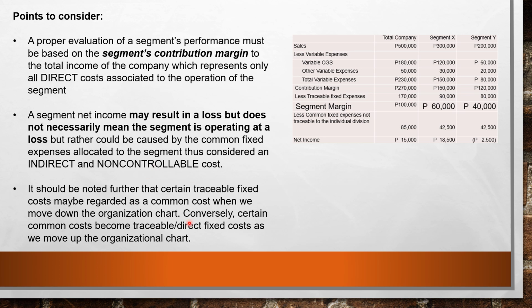For example, if we move up, the mid-year bonus or the 15th month bonus of the vice president of operations, or the president or CEO of the company, can be a traceable or direct fixed cost in the office of the chief operating manager.